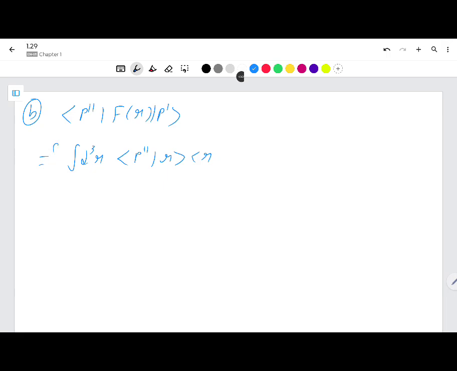Okay, I think we need another integral as well. So this is r prime is r double prime. So we'll be left with only this one.